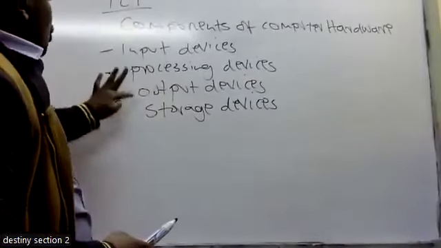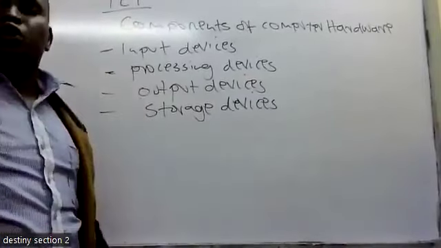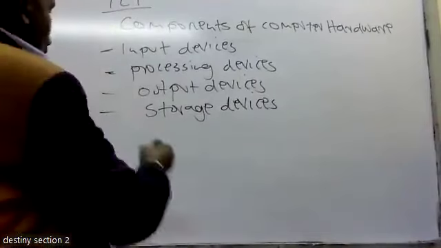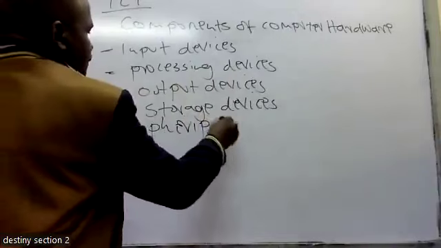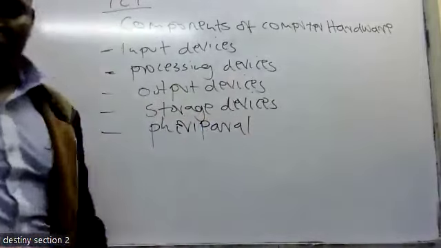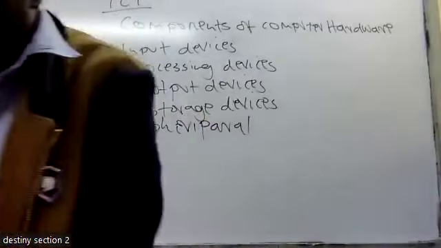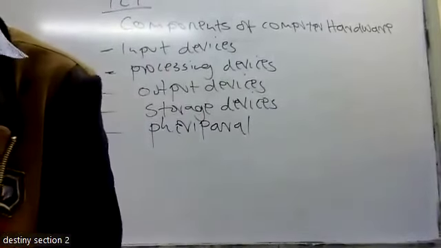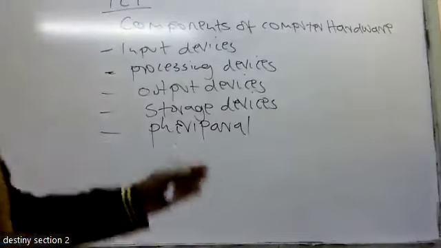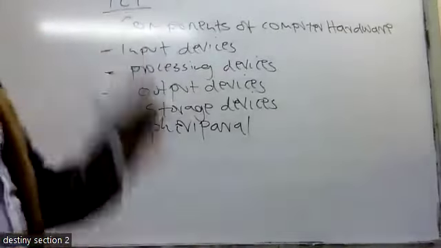So we have 1, 2, 3, 4. We also have one more component, the peripheral devices. So those are the components, or categories, of a computer hardware.